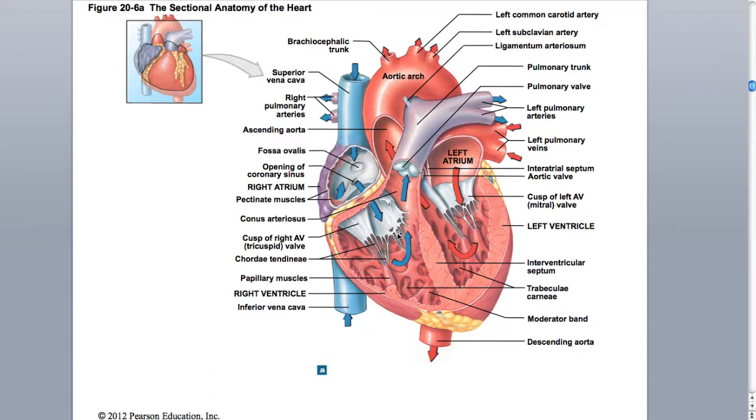As an umbrella will invert the other way, you do not want that to happen to the heart valves. The heart valves should always face in a given direction and then close. So you don't want that umbrella flipping the other way. You don't want the heart valve to flip the other way. So we have chordae tendineae that does that along with the papillary muscles. Okay, that takes care of this slide.